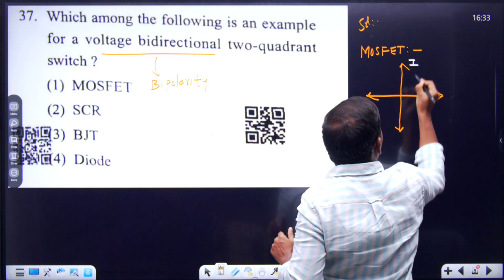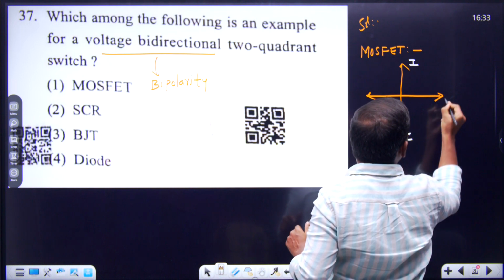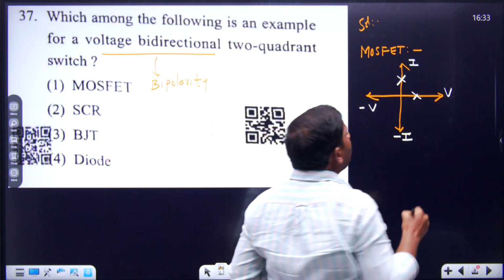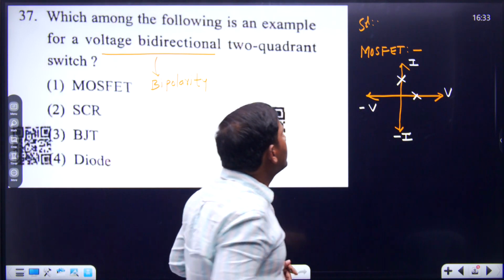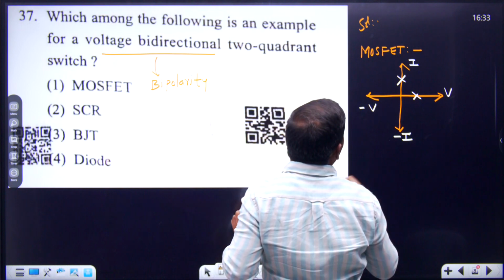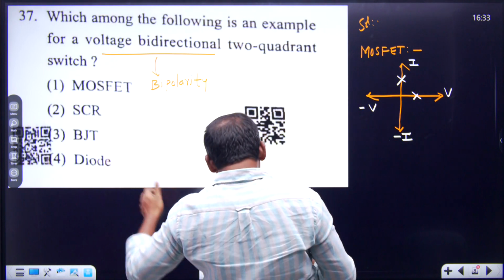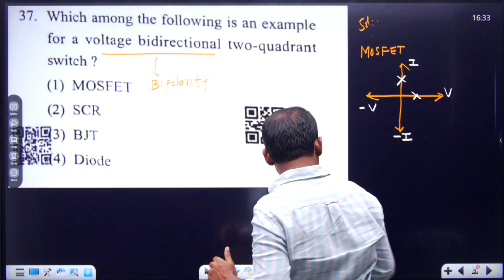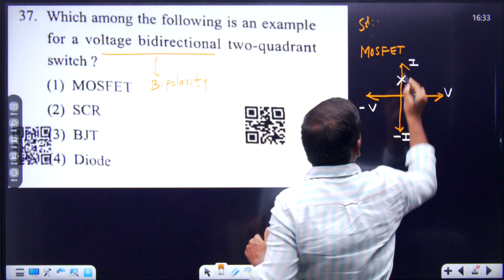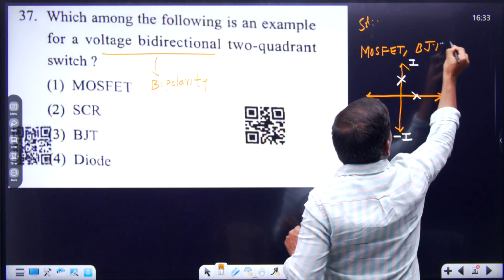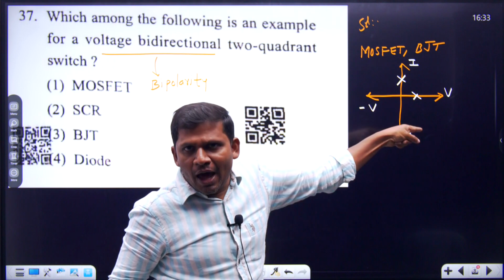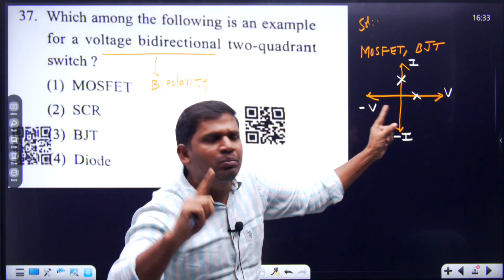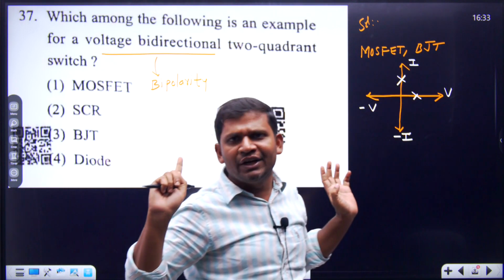This is I and minus I, this is V and minus V. Even BJT is the same. MOSFET and BJT are unidirectional, unipolarity devices. Unipolarity means it blocks only one voltage. Unidirectional means it allows only one direction.